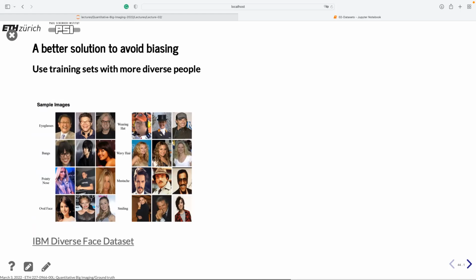It's categorized not only with these categories, probably they also say more about it. So for example, wearing a hat, he actually also has glasses. So I believe each picture has a table of many, many features of these people. And with that variability, it's easier to avoid this kind of biasing.